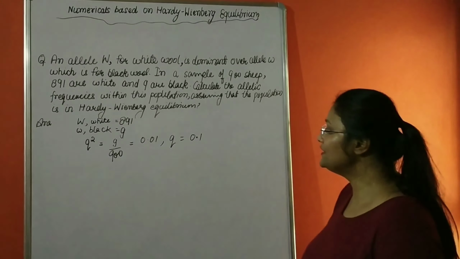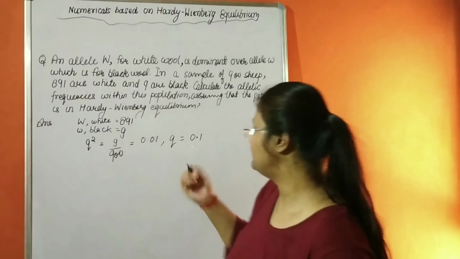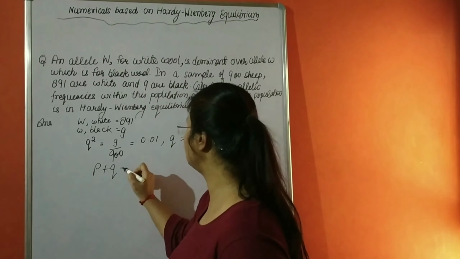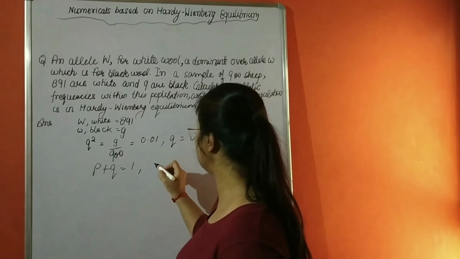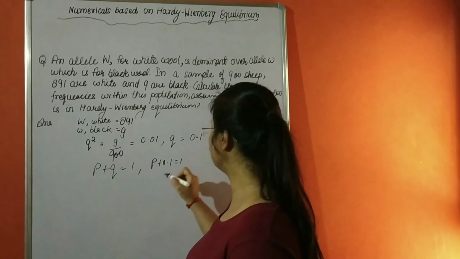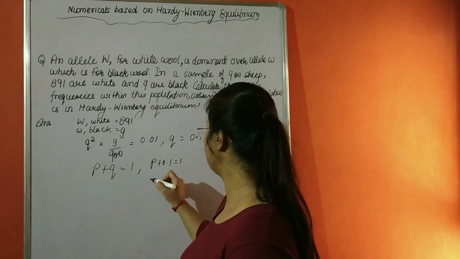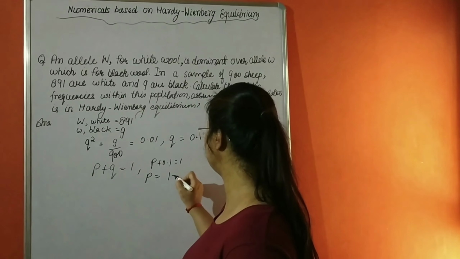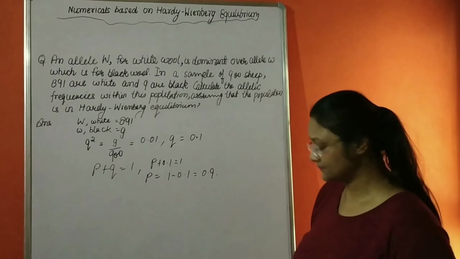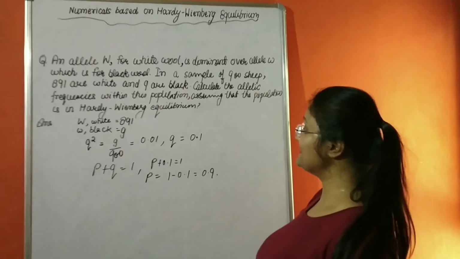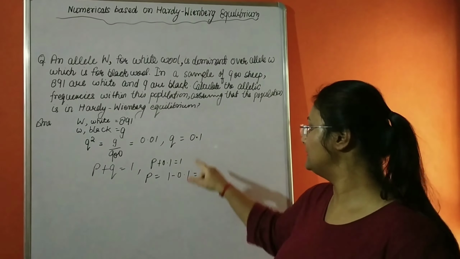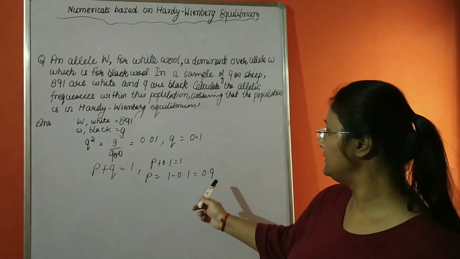Now we know q, so we can find out p as well. p plus q is equal to 1. So p plus 0.1 is equal to 1, that means p will be 0.9. Now we know the allelic frequencies: q is 0.1 and p is 0.9.